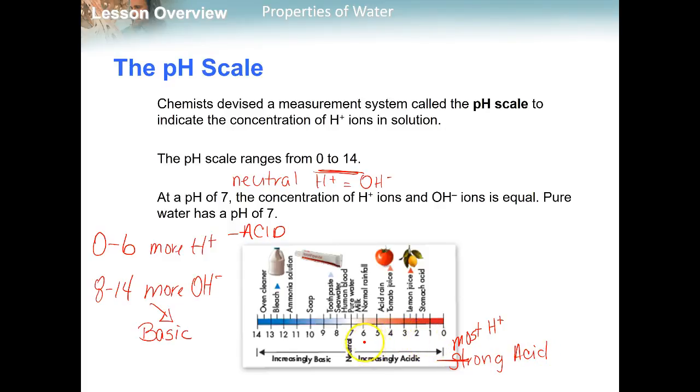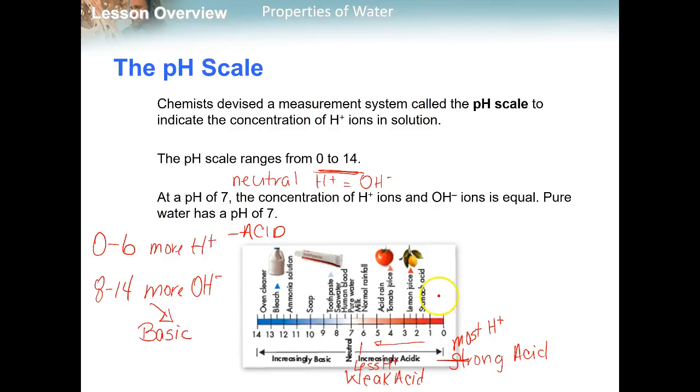As we move closer to 6, we're going to decrease in hydrogen ions. All right, so there's going to be less hydrogen ions. We're still going to have more than we have on this side, but there's going to be less. So this is going to be a weak acid. Okay, but it's still an acid nonetheless.